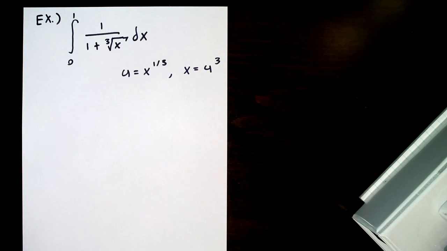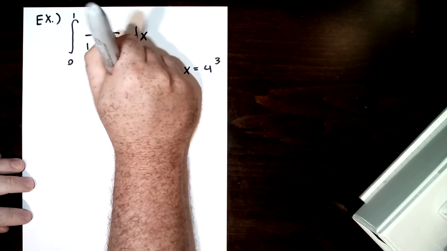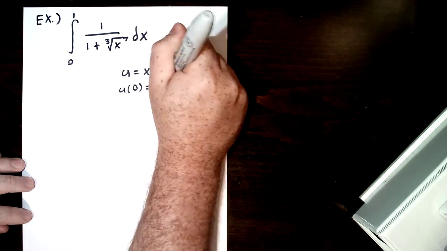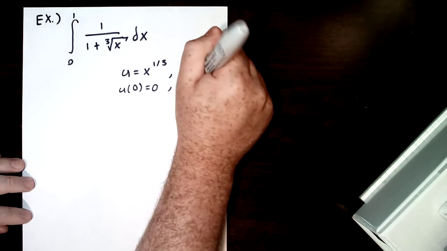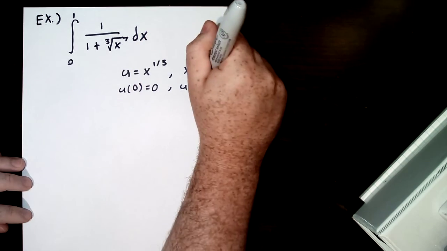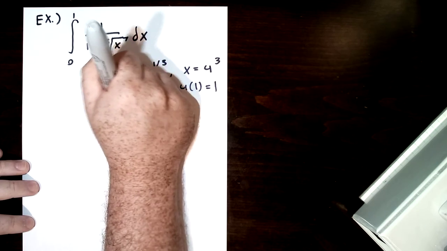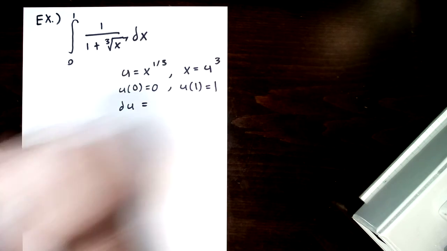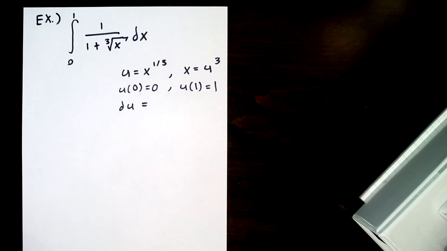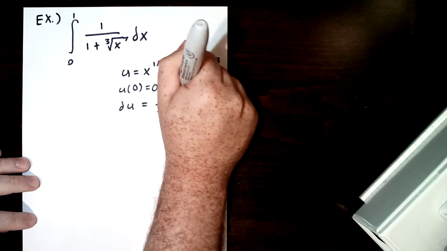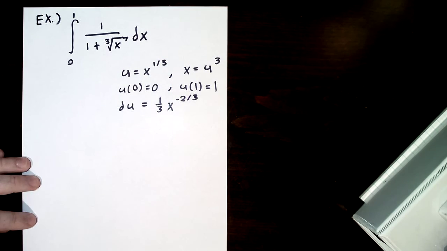All right, now we have that u of 0, well, 0 to the 1/3 is 0. And then u at 1, well, 1 to the 1/3 is also equal to 1. So then we have du, well, that's going to be equal to 1/3 times x to the negative 2/3 dx.